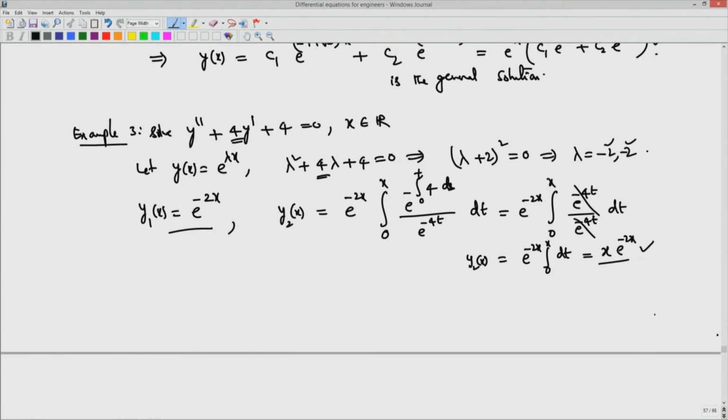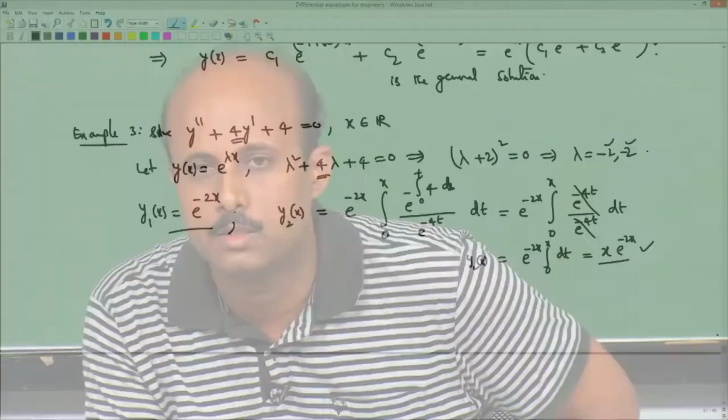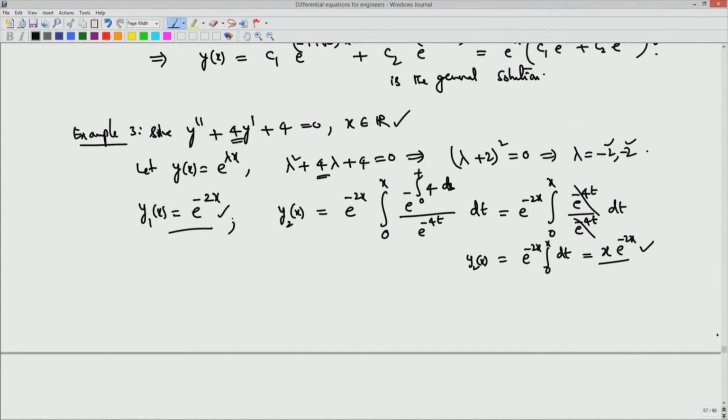You can clearly see the pattern. If you have a repeated root, one solution is e power minus 2x, and the other solution is simply multiplication with x. So, x into that will be a solution.